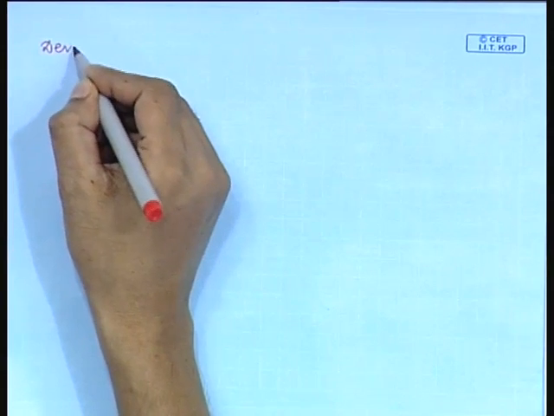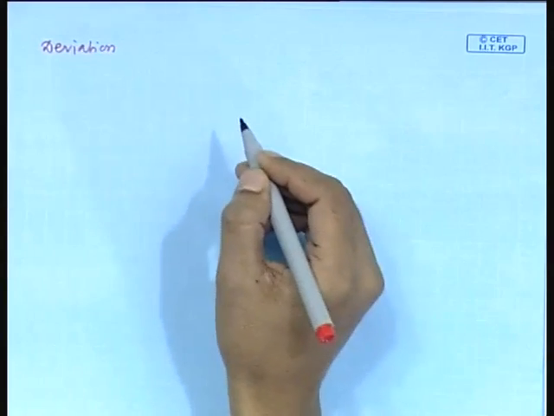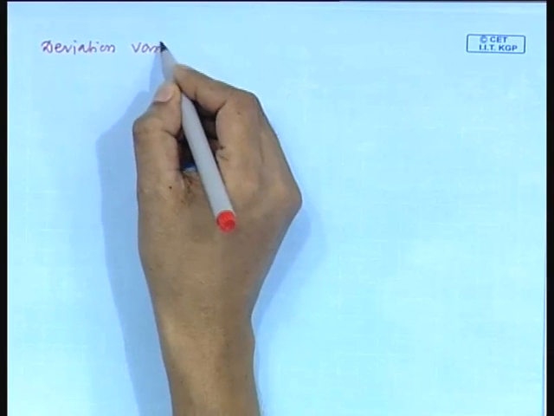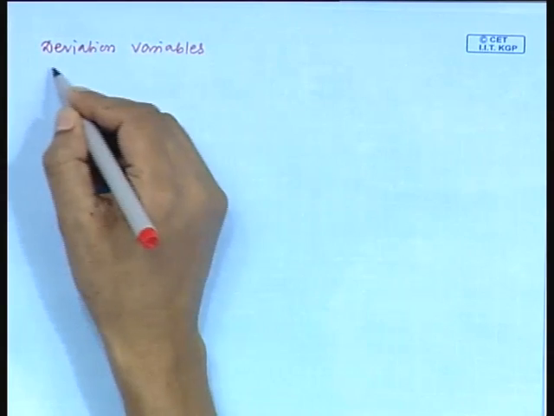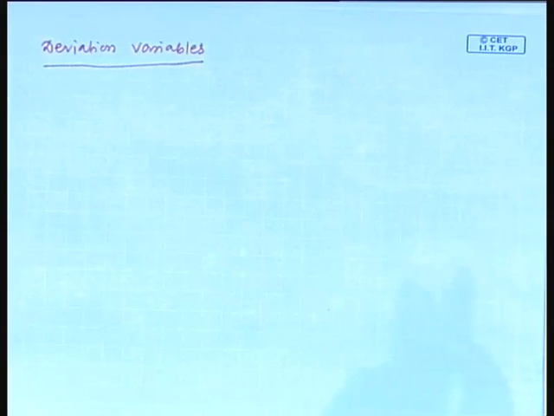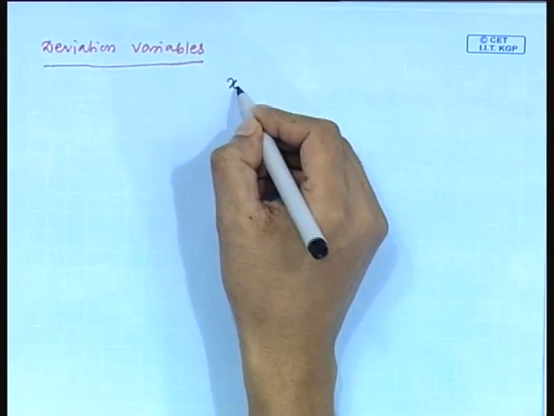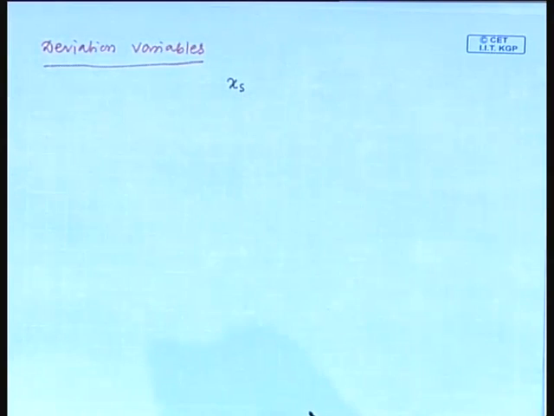Now, we will try to represent the model in terms of deviation variables. How can we do that? At steady state, x is represented by xs, fine.